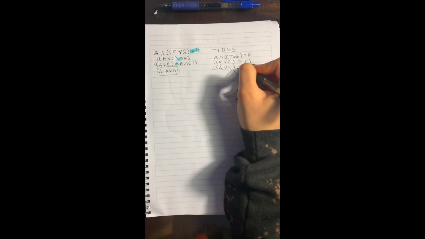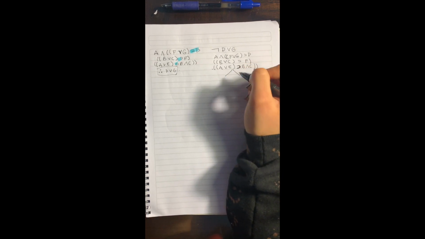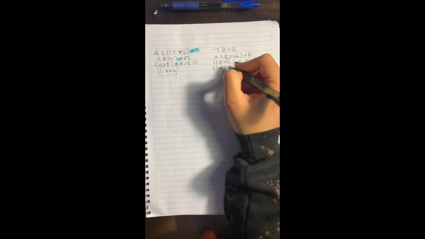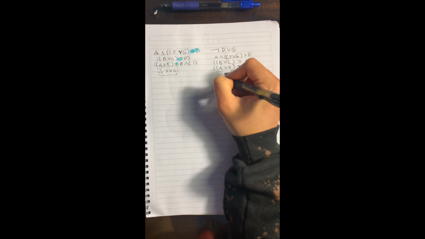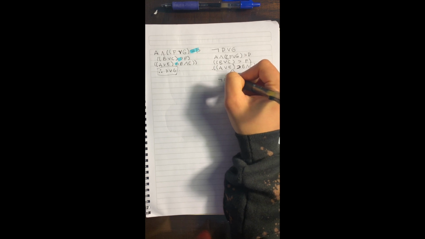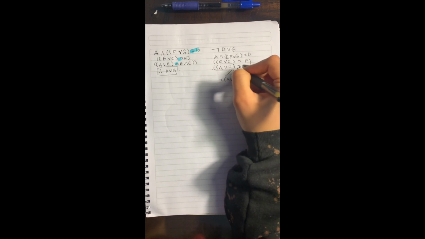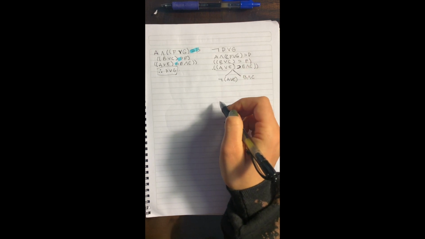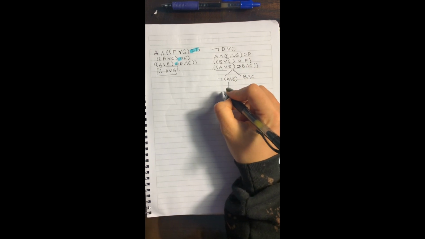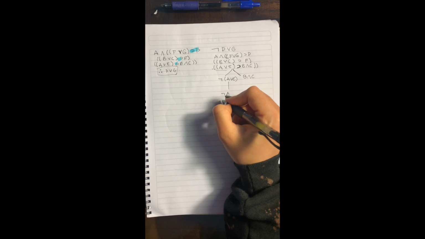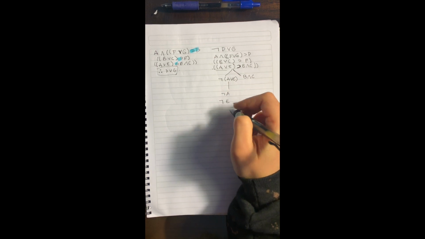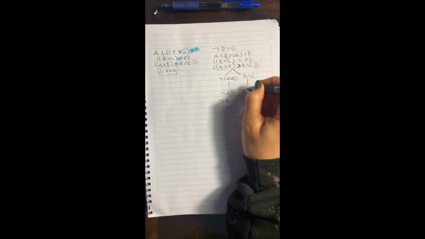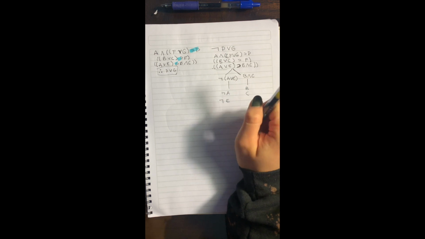Since this is a conditional, the rule says that the first part is not A or E. The second part would just be B and C. Then, to reduce a little bit more here, we put not A and not A. And here, B and C would just be B and C.